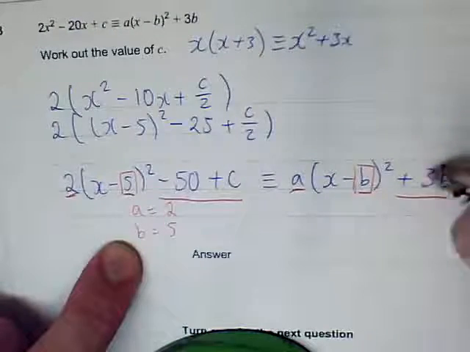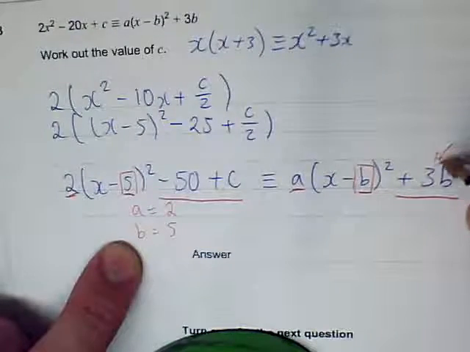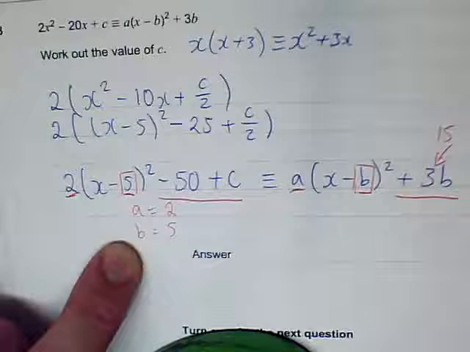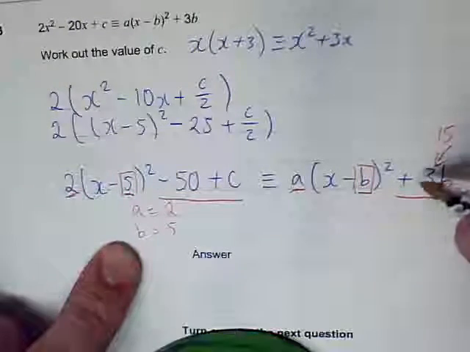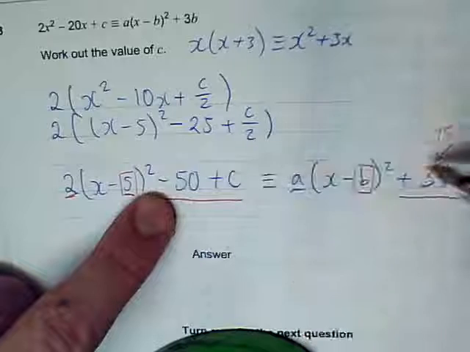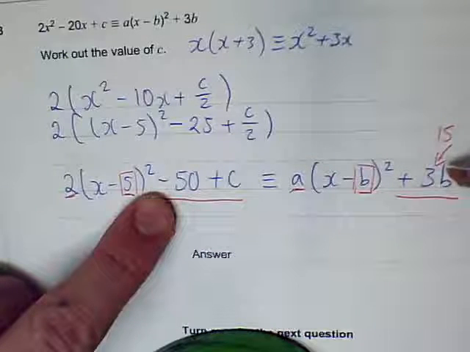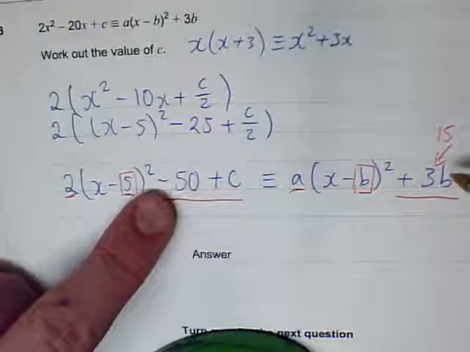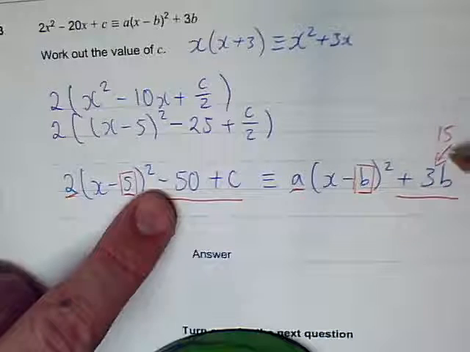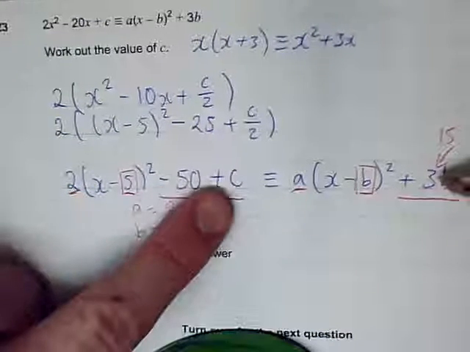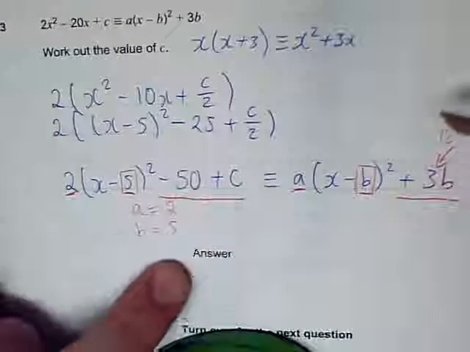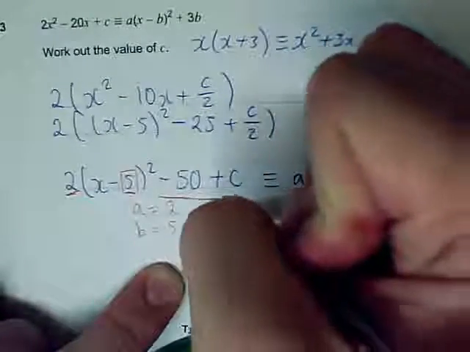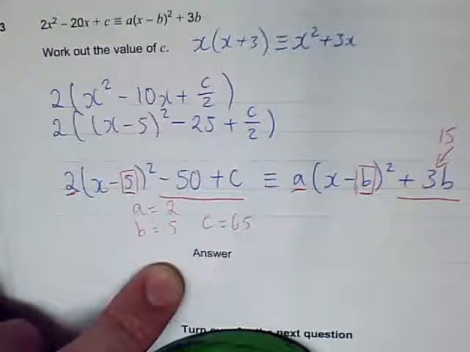So if b was 5, this 3b is 15. So we've got this, and we need plus 15. So how do we go from minus 50 up to plus 15? Well, we'd need to add on 65. So c, therefore, must be 65.